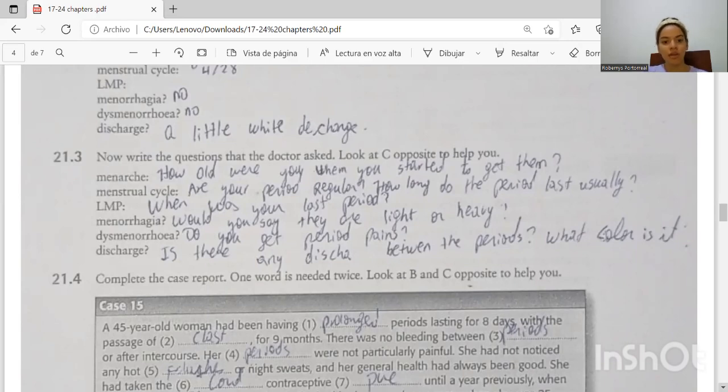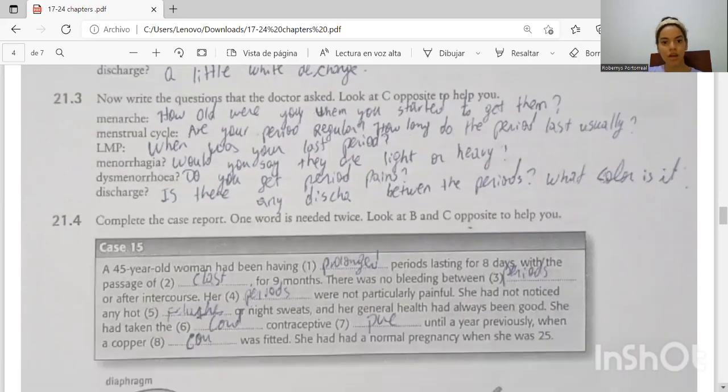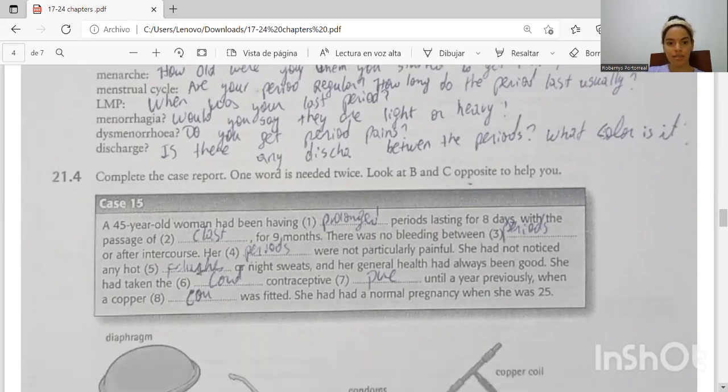When was your last period? Menorrhea: would you say they are light or heavy? Did you get period pains? Discharge: is there any discharge between the periods? What color is it?